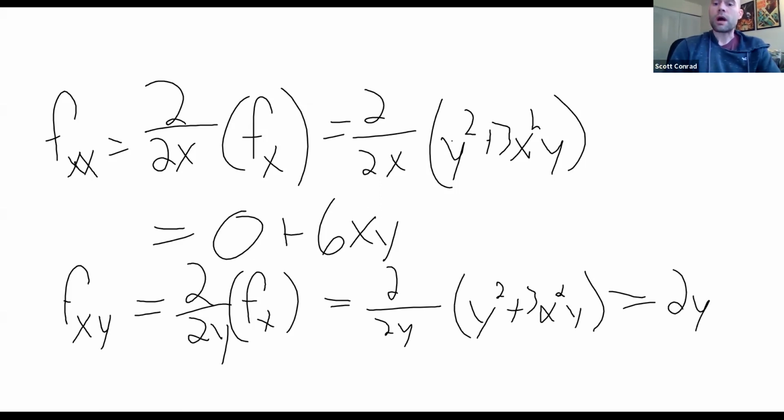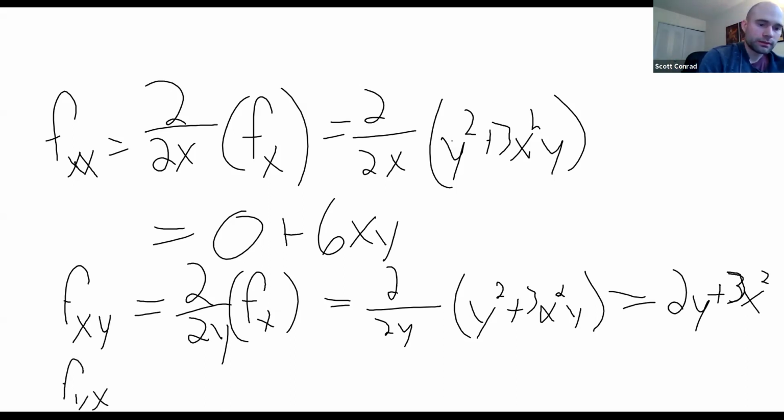And then the 3x squared y becomes what? Anybody? Euler? It becomes 3x squared. Exactly. I'm sure not everyone is here.